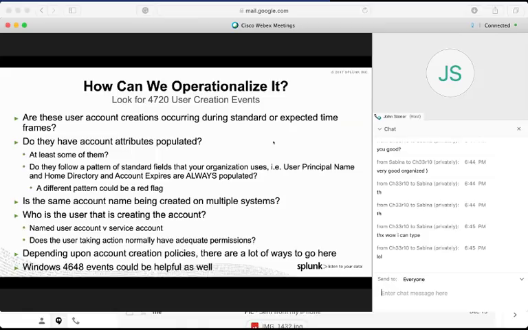If they have admin rights and regular rights, and all of a sudden you're seeing the regular rights user, there are questions I should be asking about these things as well. And then, 4648 events for explicit credentials being used can be helpful as well. So again, there are a couple of different tools in your arsenal to dig into and leverage against this hunt.